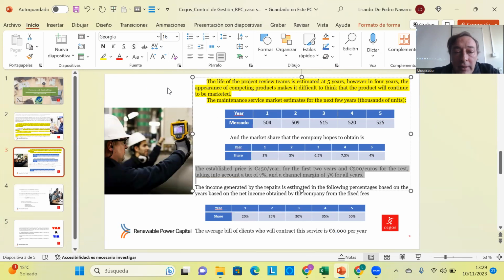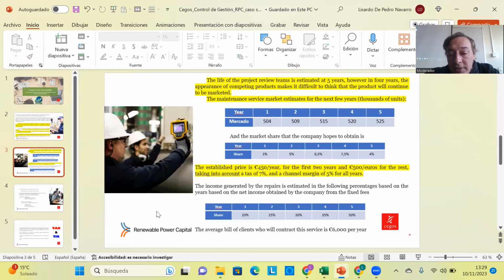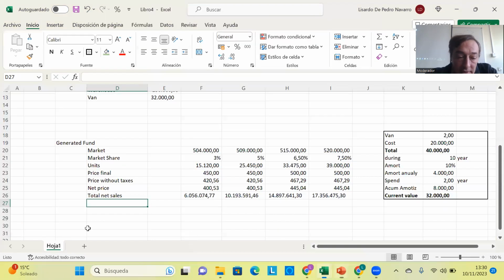So now we are going to calculate, because the income of the company for this project is not only going to be the fee. Some of the repairs are not included in this fee. So the income generated by repairs is estimated in the following percentages by year, based on the net income obtained by the company.